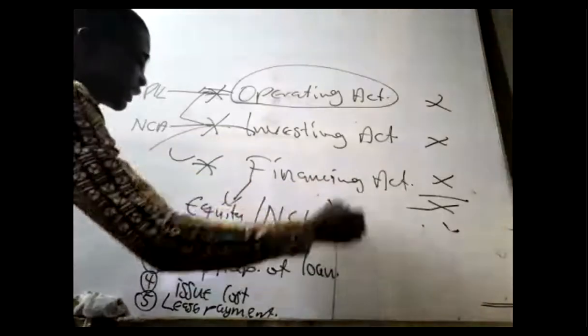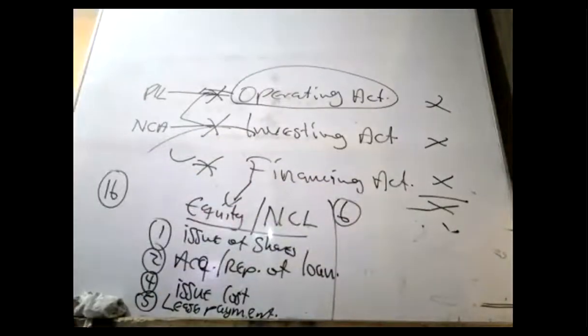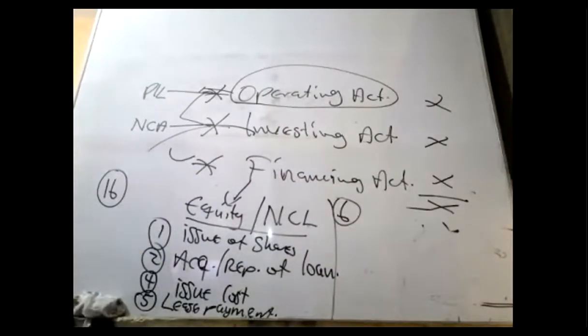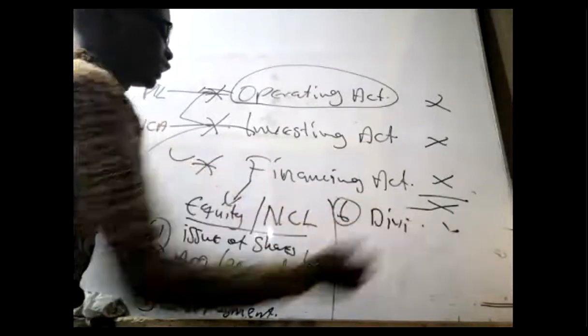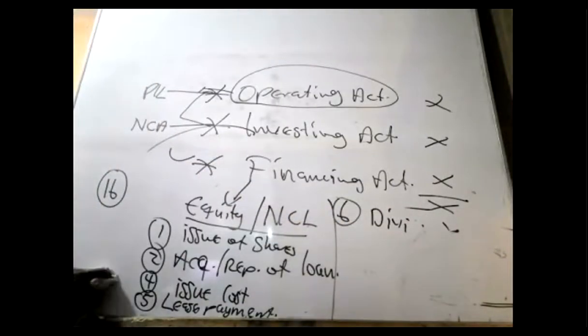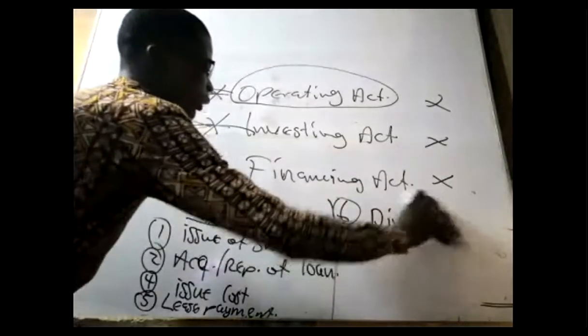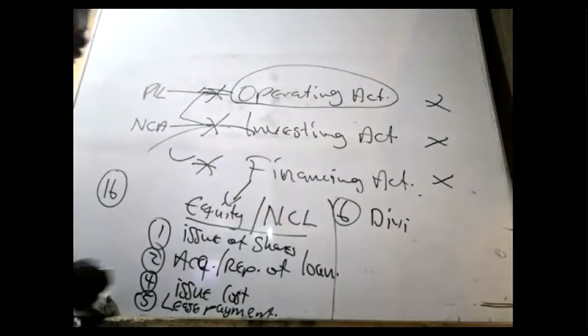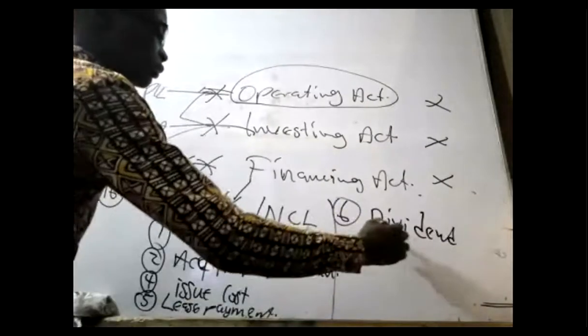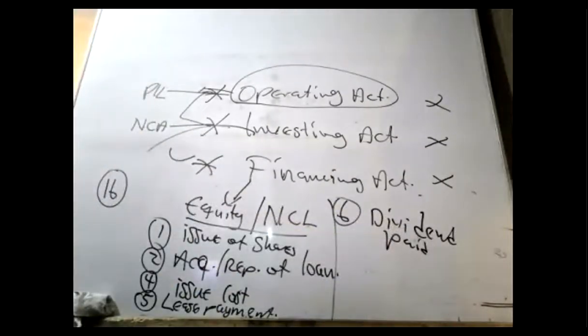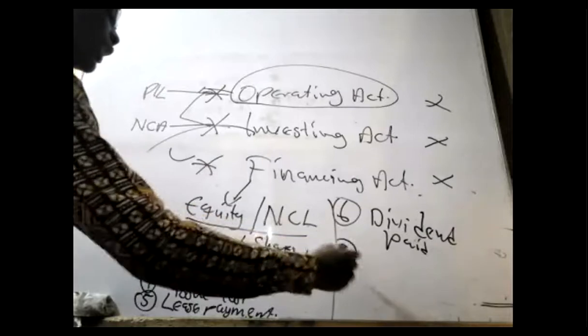Again, let me go to number 6. If we have issue cost related to what? Shares. Then we have dividend paid. It's a financing activity. Very interesting one. Always you hide it somewhere. The dividend paid. Good. Number 7.